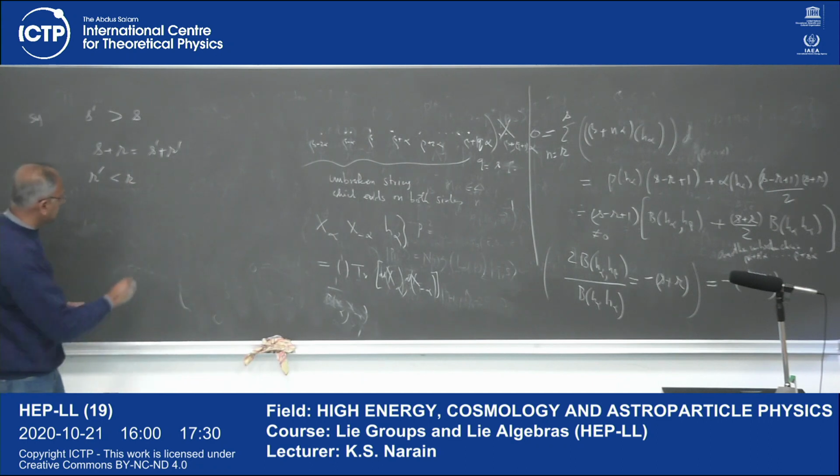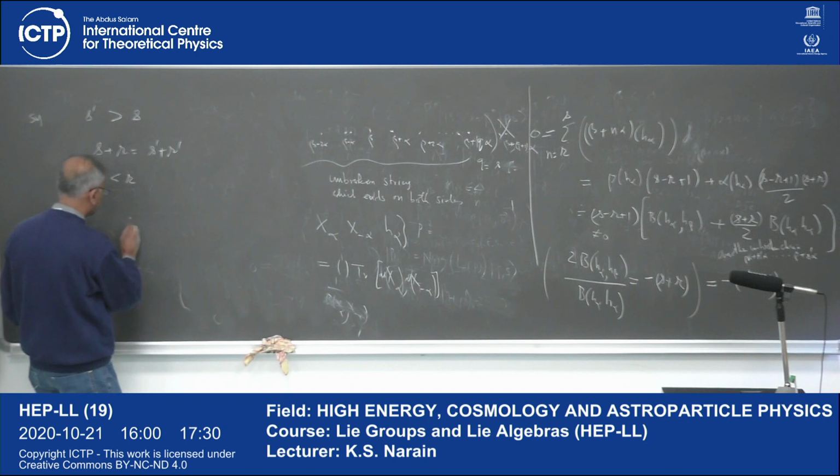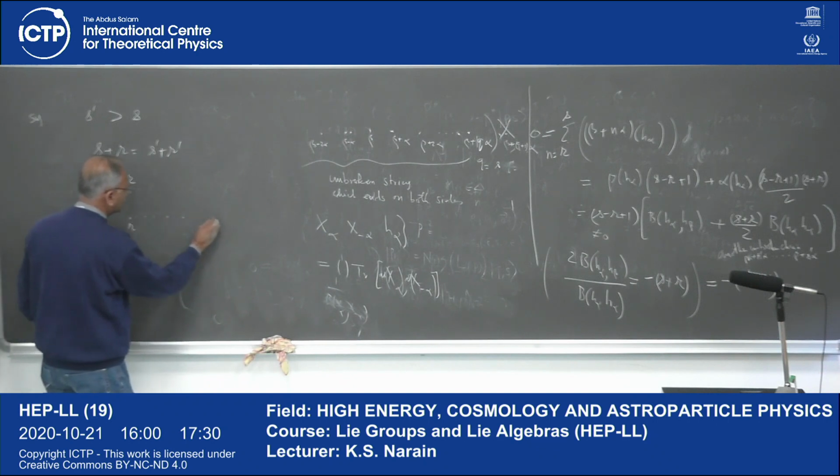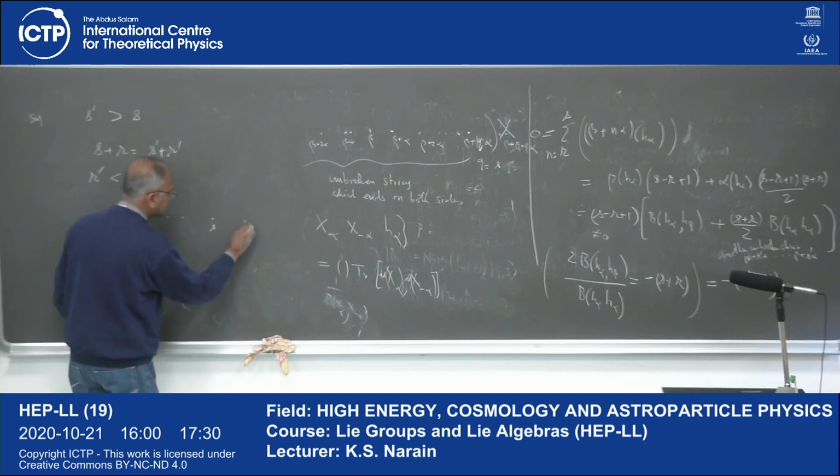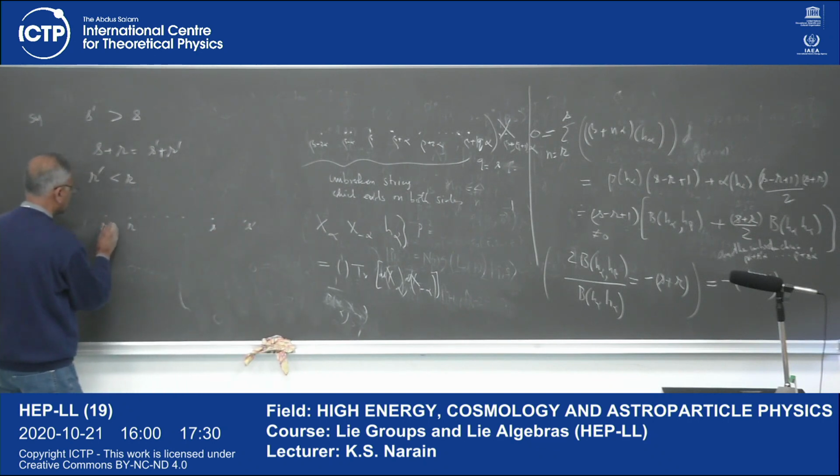Right? So the picture is that we have a chain which starts from R to S, but then we are saying there is a chain which starts from R prime to S prime.